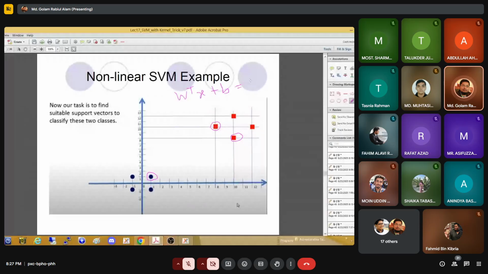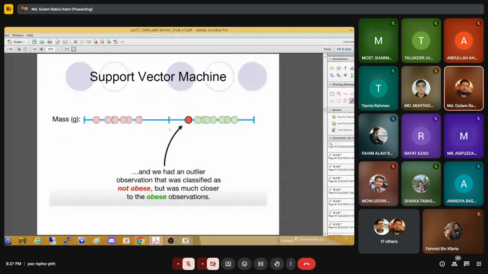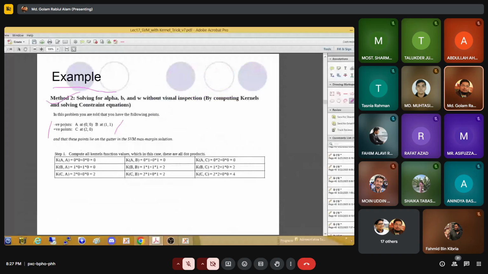So find out this equation. In our last class we have already discussed, if we know the support vectors, then how can we find this. If you can remember our last class, here we can see these are our data points. So here 2 negative support vectors, and 1 positive support vector. Considering these 3, how can we find out the hyperplane?